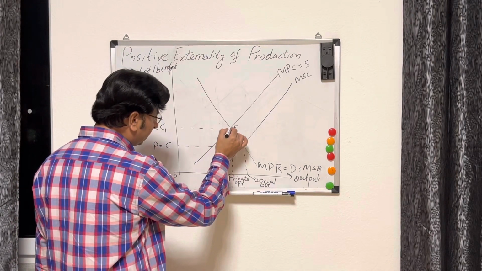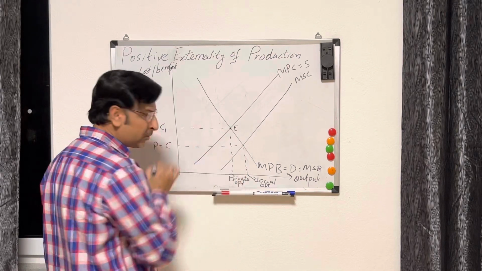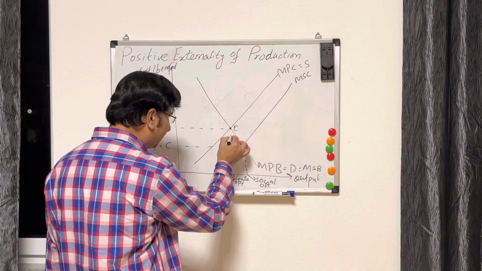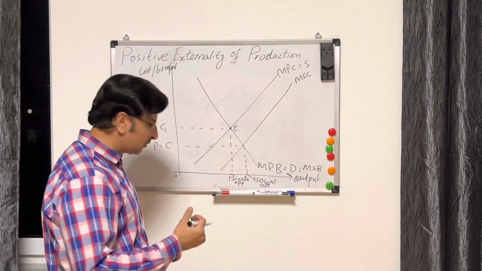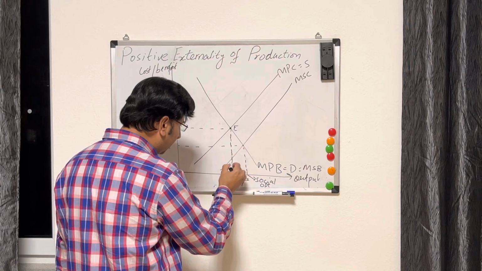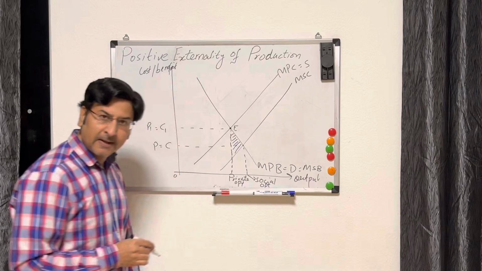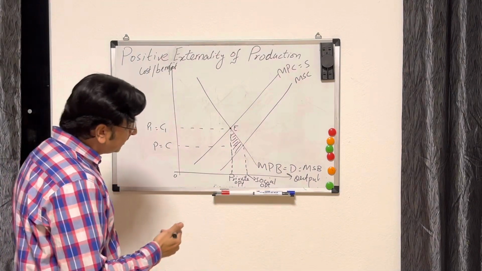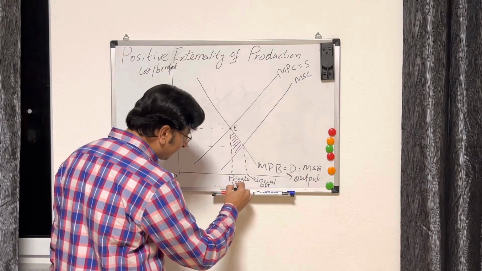So since private equilibrium is happening here, where the actual production is taking place, and this activity is generating positive gain for the society, in this case, as some of the books might identify, they call it a welfare gain. But I would prefer to call it deadweight welfare loss, because there is this gap.